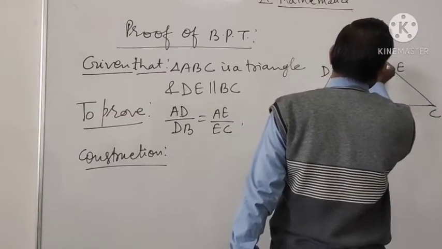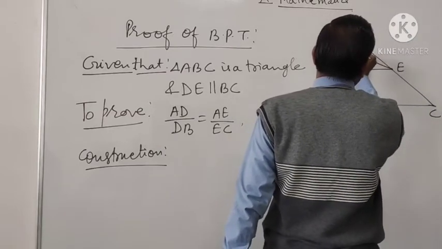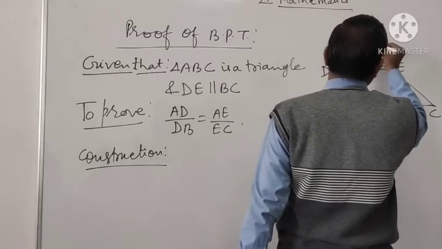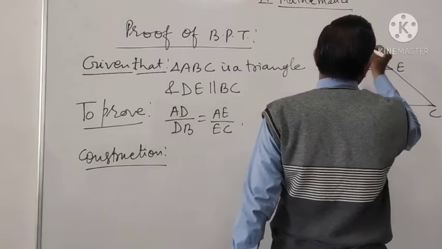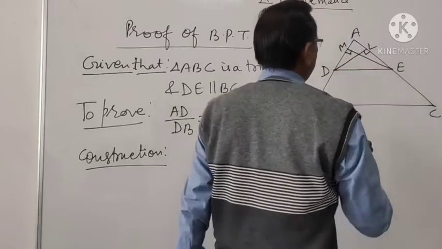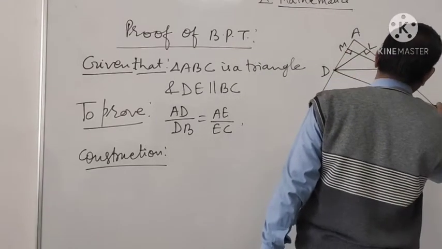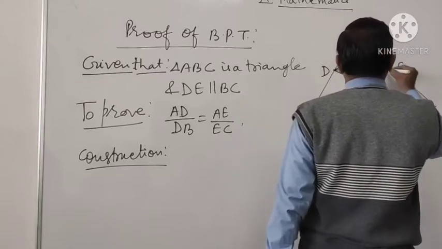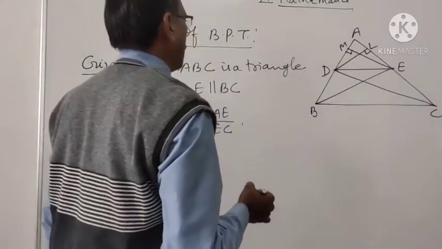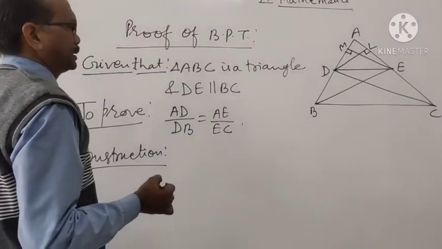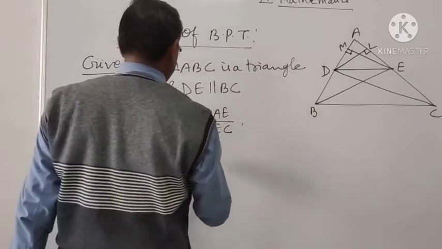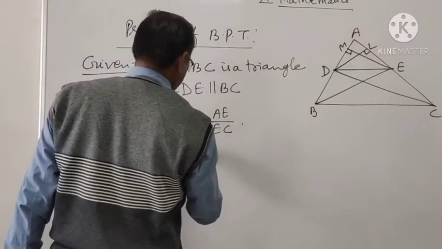Similarly, another perpendicular from E to the opposite side. Let this be L and this perpendicular be M. These are 90 degree angles. Then we will join DE, DC and BE. Now let us find the area.